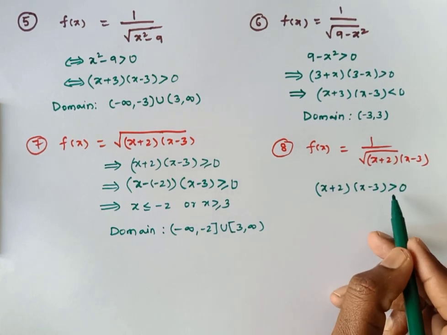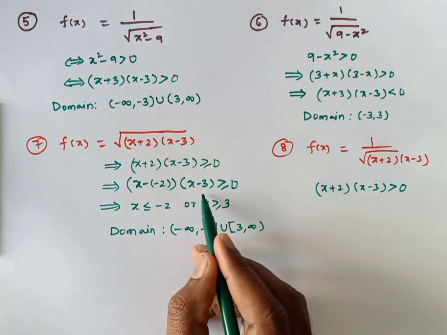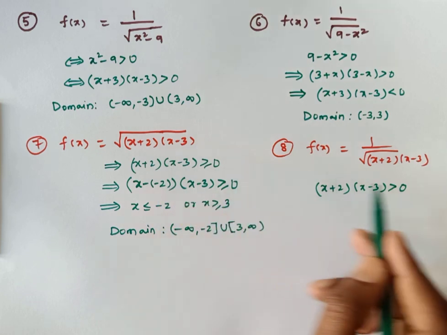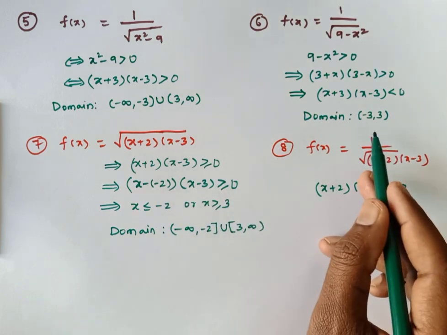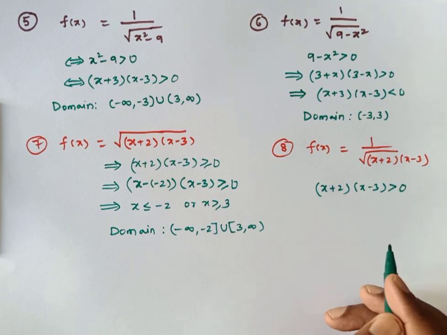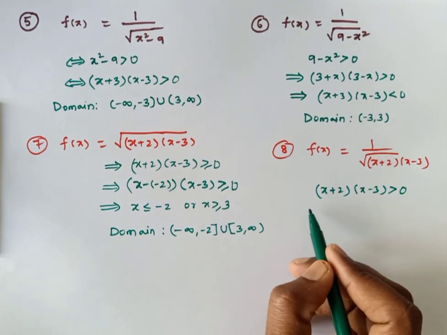You need to observe why it is greater than 0 and not greater than or equal to 0. If it is 0, there is a problem since it is a 1 by 0 form. Just for that purpose, you need to take strictly greater than.